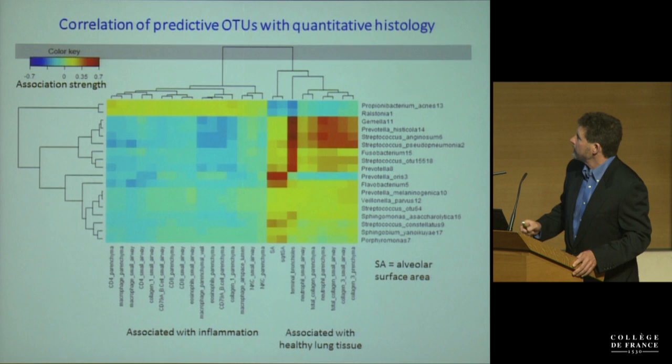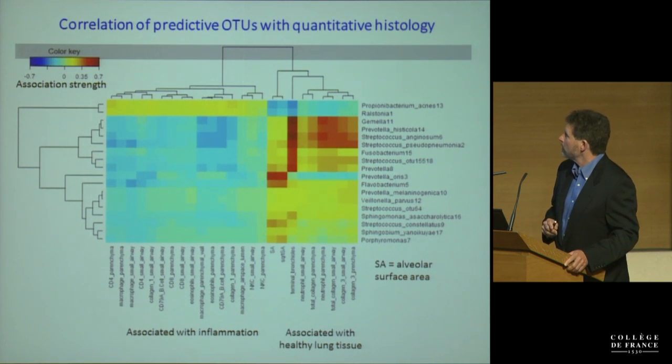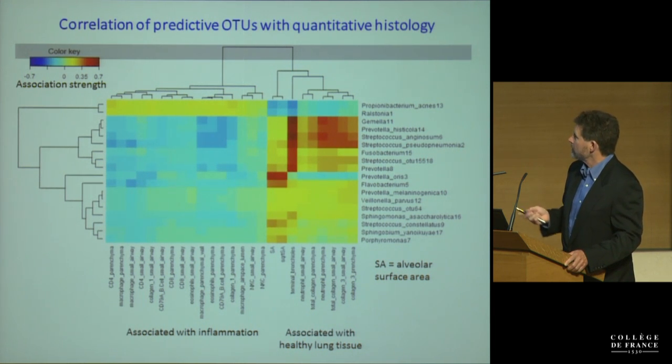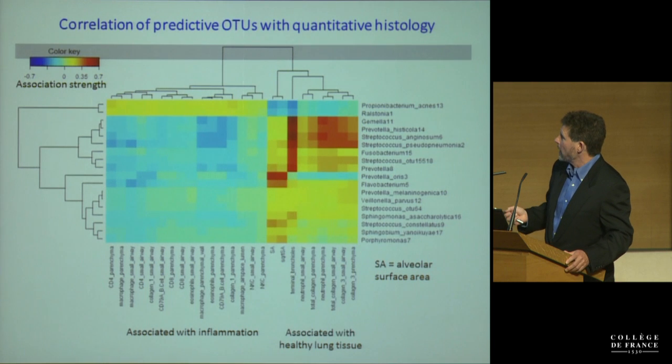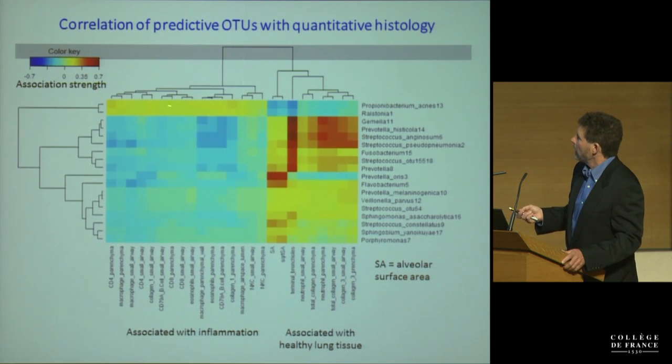And the next thing we did with these data was to correlate a subset of these predictive OTUs with the quantitative histology data. So in this heat map, we see correlation, from negative to positive correlations.